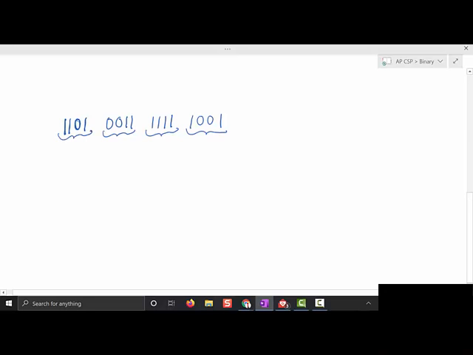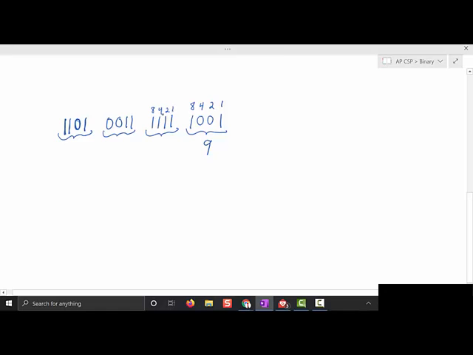So if I look at this number here in binary, this is going to be 1, 2, 4, 8. So 8 plus 1, so this is a 9. And then 8, 4, 2, 1.